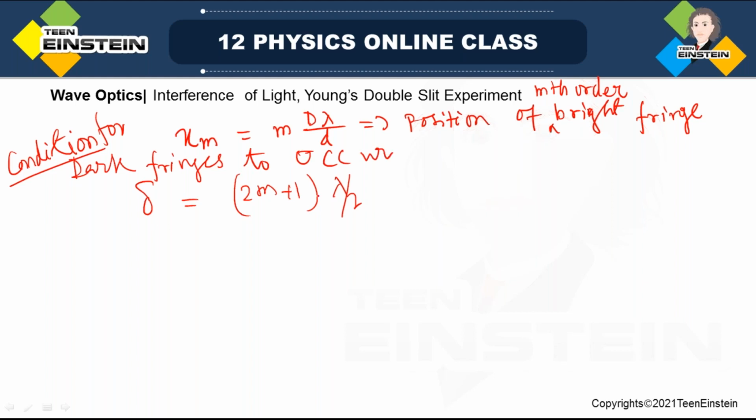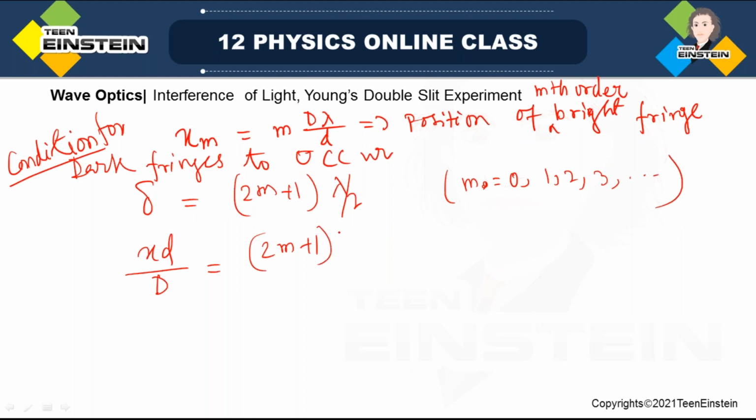So delta is equal to 2m plus 1 times lambda by 2, where m can go 0, 1, 2, 3, etc. Now look, delta we know is x into d by capital D. This is equal to 2m plus 1 times lambda by 2. So this gives the general condition.